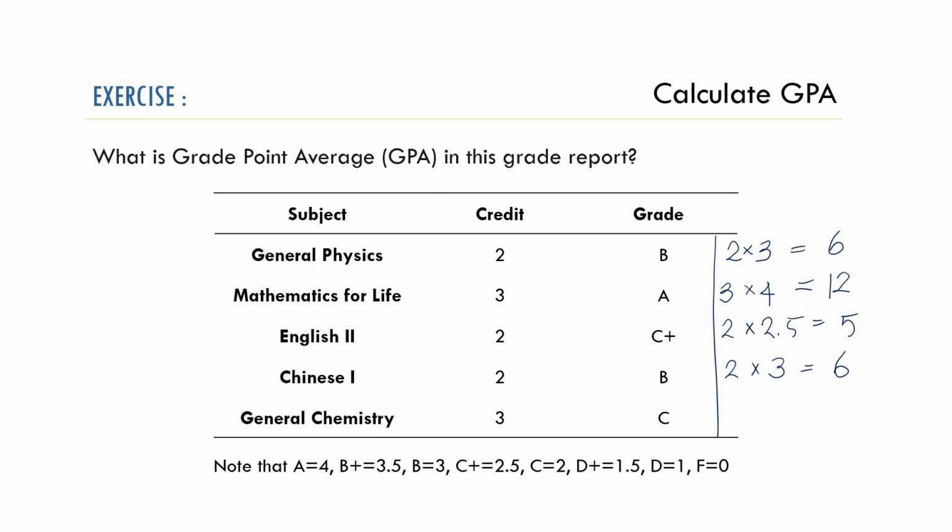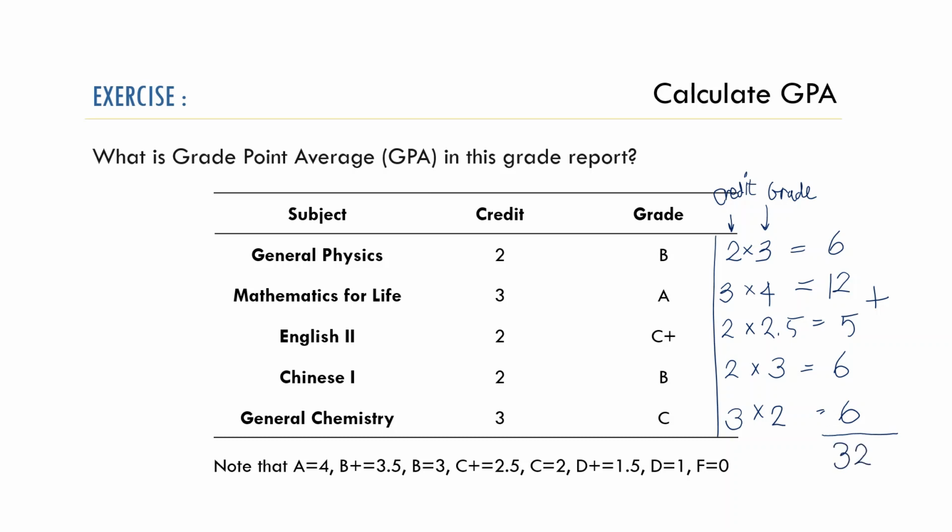And the last one is chemistry. 3 multiplied by grade 2 equal to 6. So this column is credits and this column is the grades. Okay, after you get the results from each subject, you add them together, and now I get 32.